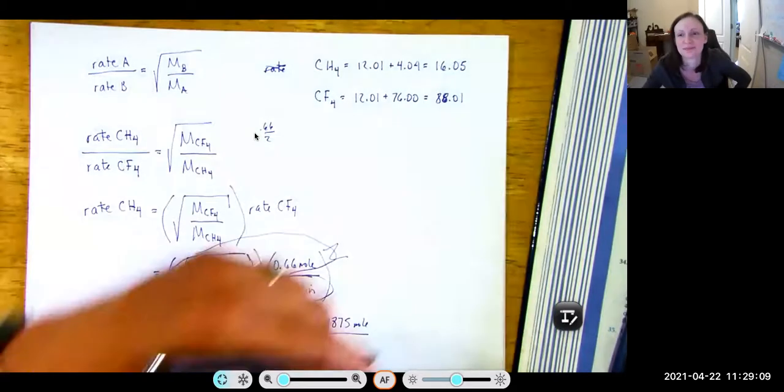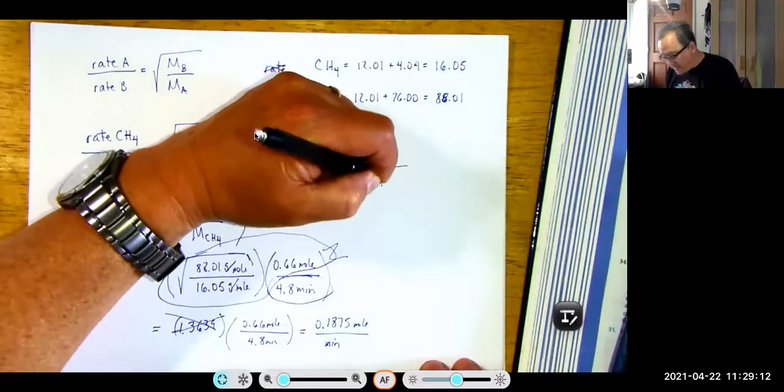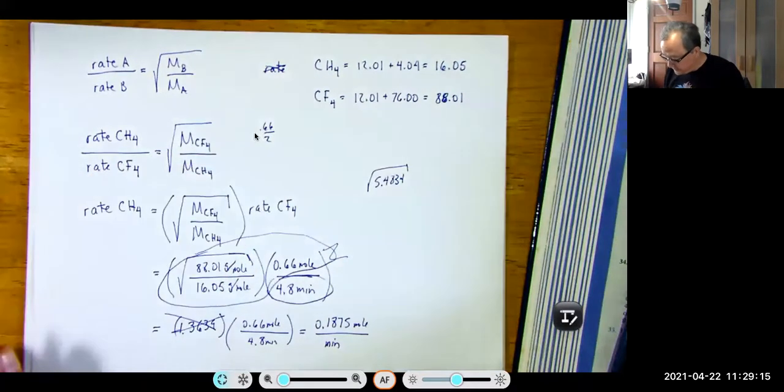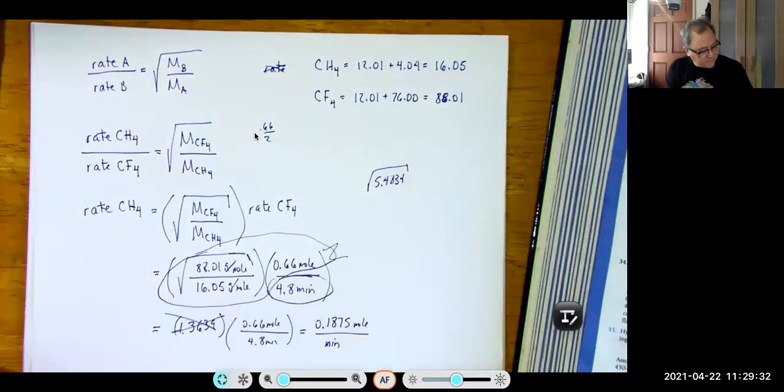Okay, so I'm going to do the square root of 5.4834. Wow, my calculator is funky.